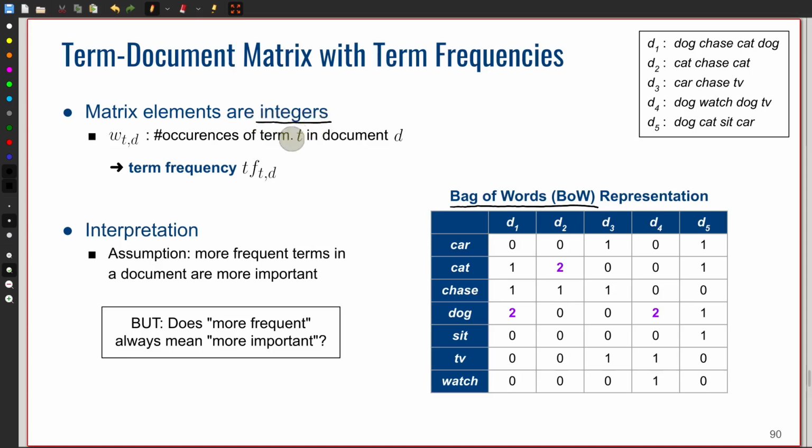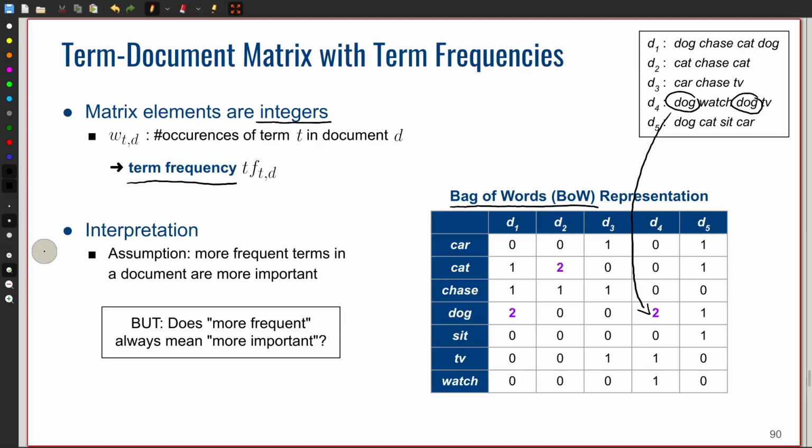And these integers, our weights, our matrix values, are simply the number of occurrences of a term T in document D, which we also call the term frequency. So again, if we look at our example in document 4, where we have the word dog occurring twice in our document, this number of occurrences is now represented by this value in the term document matrix.